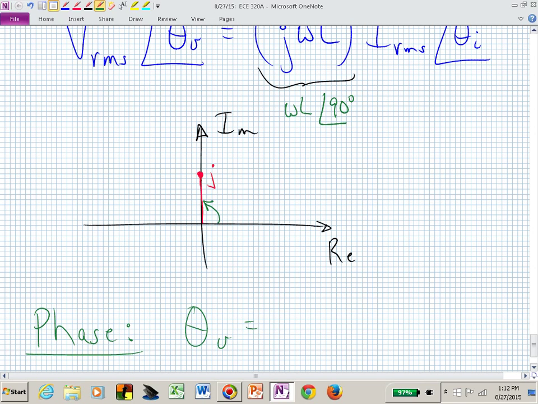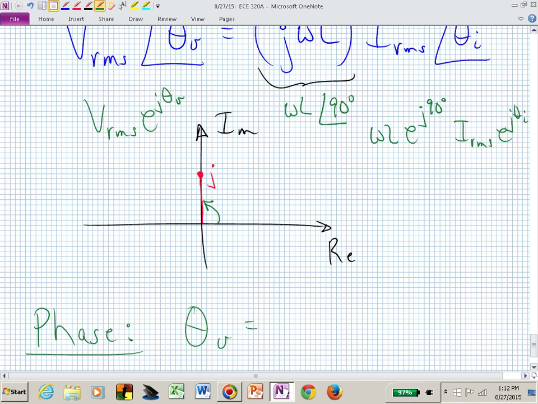And how do we combine those angles in phasor form? This you could think of as V RMS e to the j theta sub V. This is now omega L e to the j 90, and this is I RMS e to the j theta sub I.